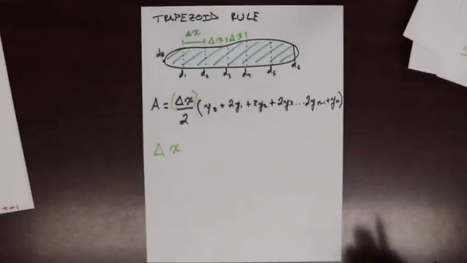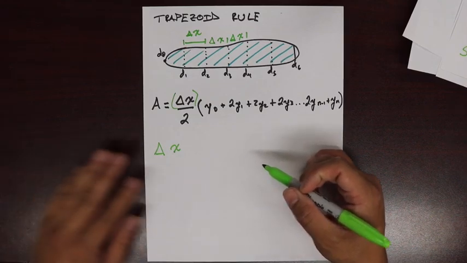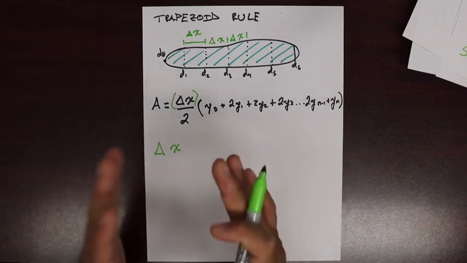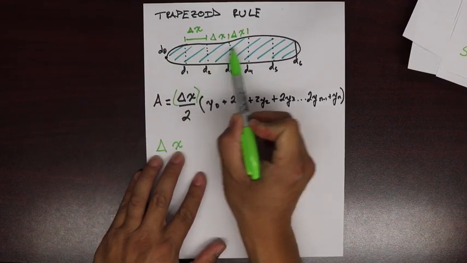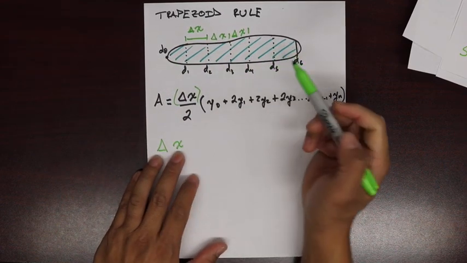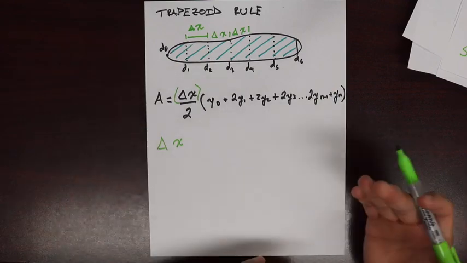In some applications, you can say that delta x is more of an average, where you measure all of the deltas. You can solve delta 1, delta 2, delta 3, delta 4, delta 5, delta 6, and then average all that together to create an average delta x.